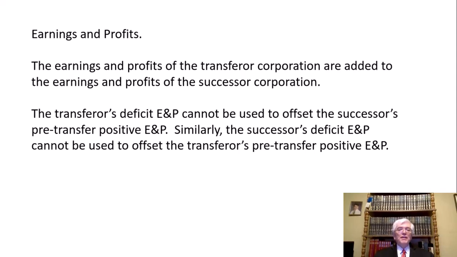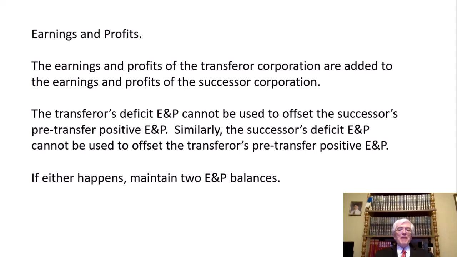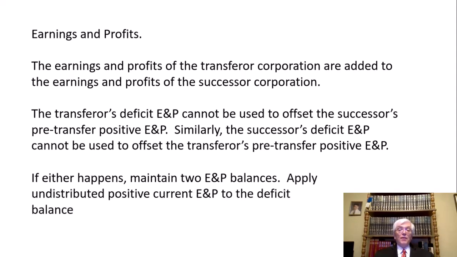So what do? Well, you have to maintain two E&P balances, one plus and one minus. Now what do? Well, apply any undistributed positive current E&P to the deficit balance. So obviously what you're going to distribute, first of all, comes out of current E&P.